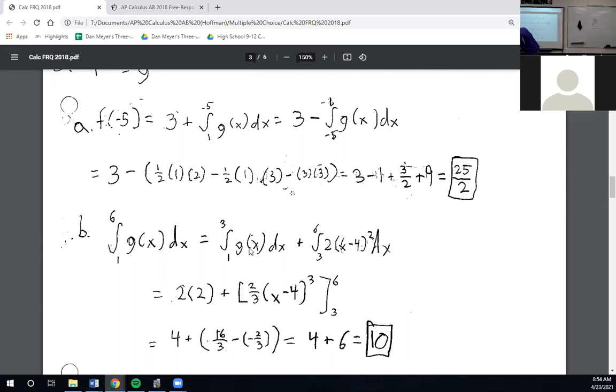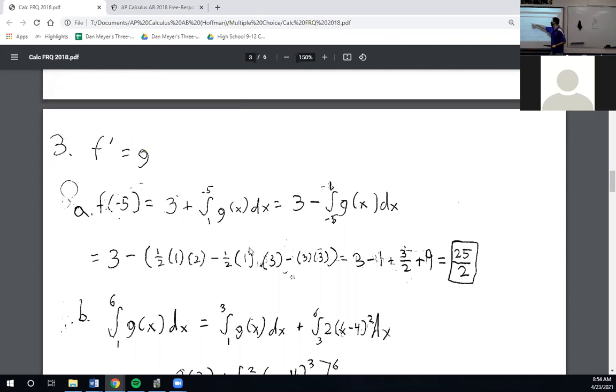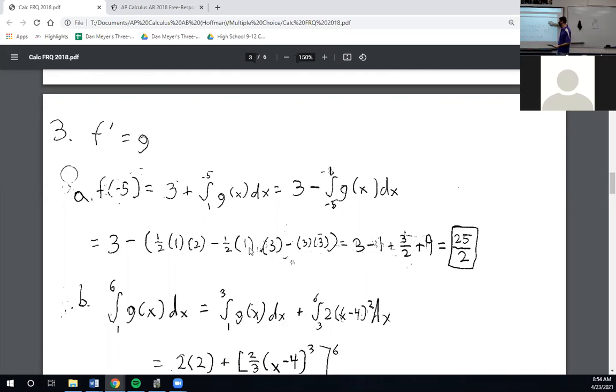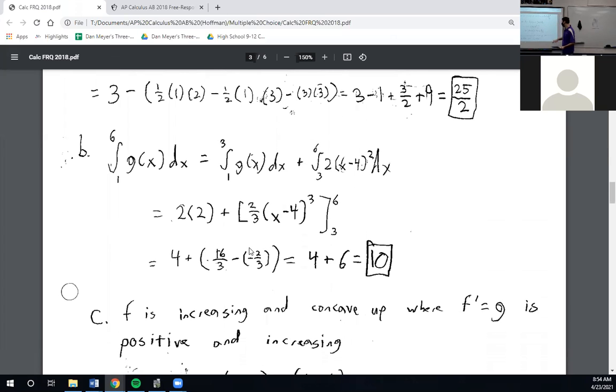So for this question, when it says when is f increasing and concave up, well, g is the derivative of f. It's increasing when the derivative is positive, and it's concave up when the first derivative is increasing, so that the second derivative is positive. So f is increasing and concave up when g, which we know is f prime, is positive and increasing.